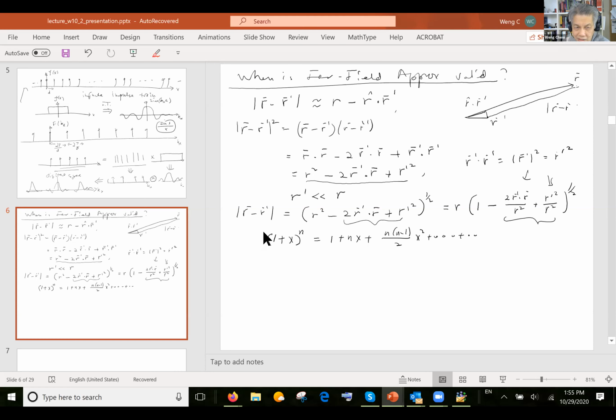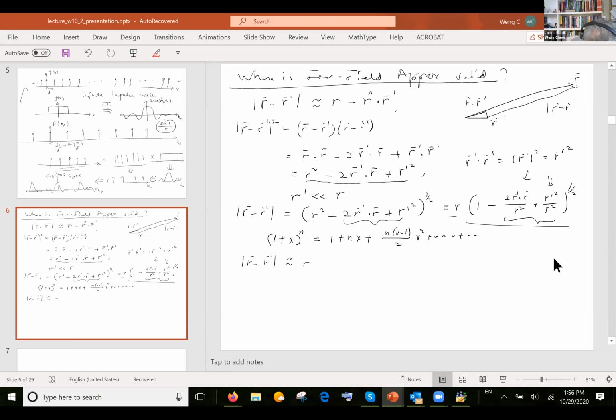I'm going to do a Taylor series expansion by assuming that both of these two terms are small. So if I do that Taylor series expansion, I'm going to get that r minus r prime is going to be approximately equal to, keep this term over here and then do a Taylor series expansion of this.